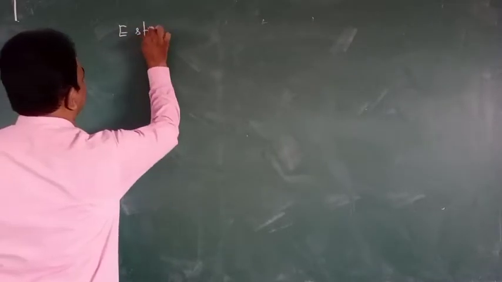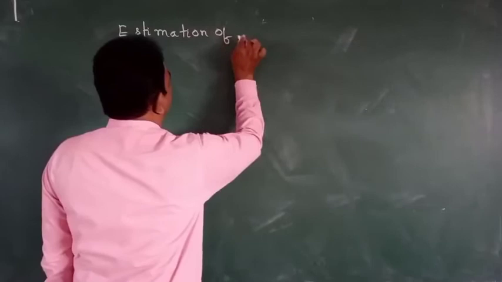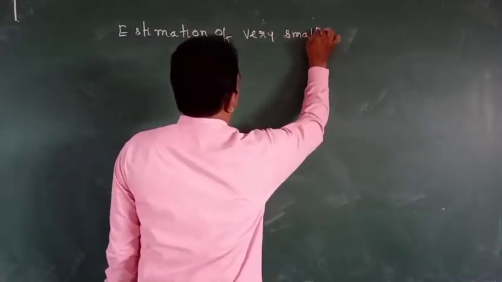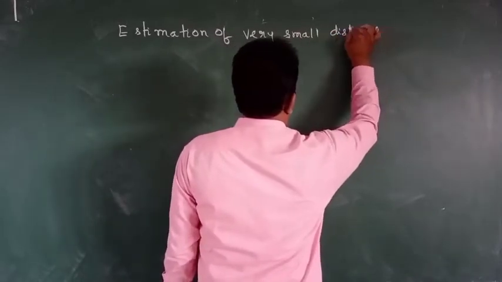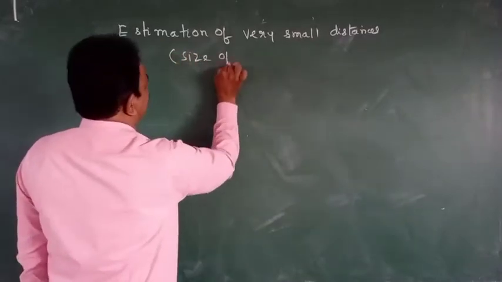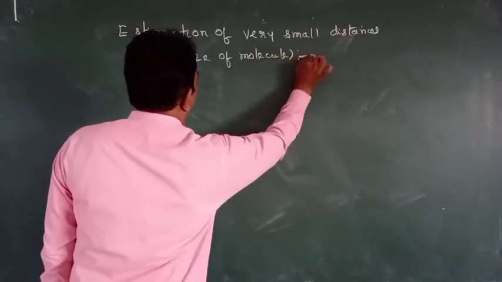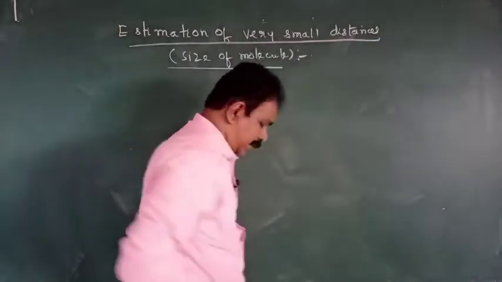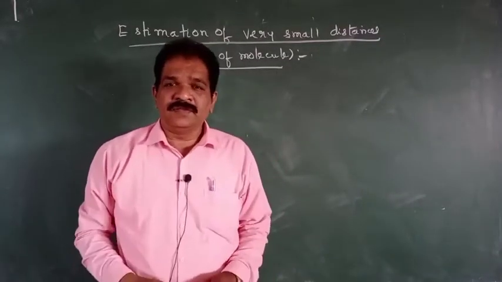Estimation of very small distances, nothing but the size of a molecule. How to identify? Now latest techniques have come, the electron microscope is there. So like that nowadays we can easily measure.